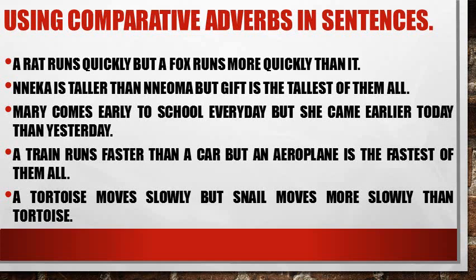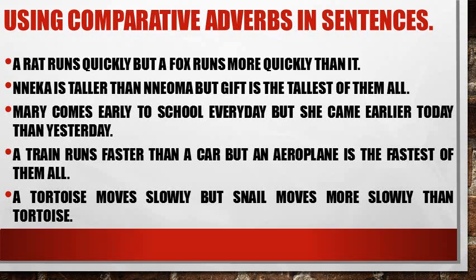No, we're using the adverb to qualify how fast the rat runs, and now we're using this one to compare how fast the fox runs than the rat. Do you get it? We are comparing the rat and the fox on a race. So that's where we apply quickly and more quickly.